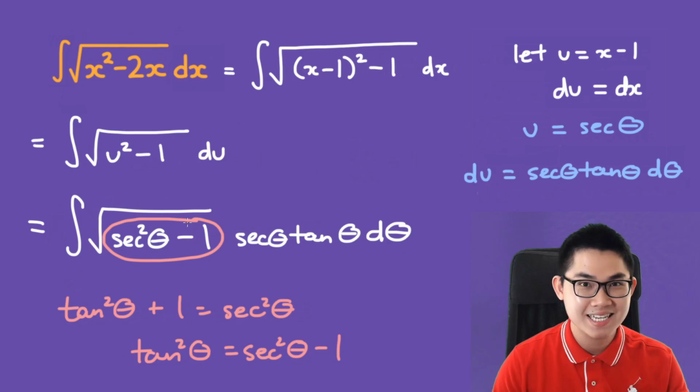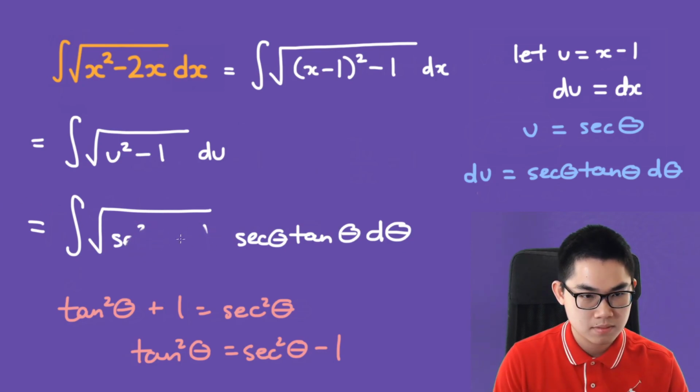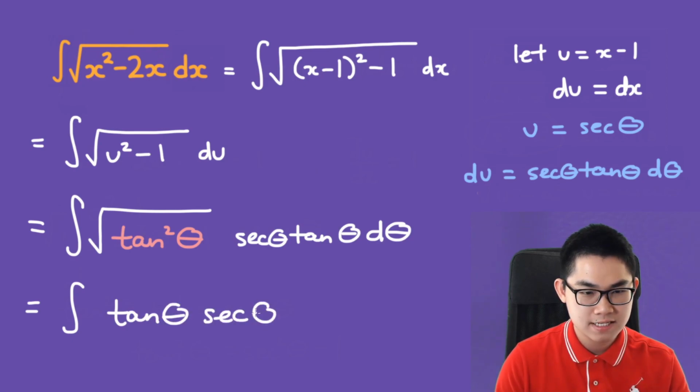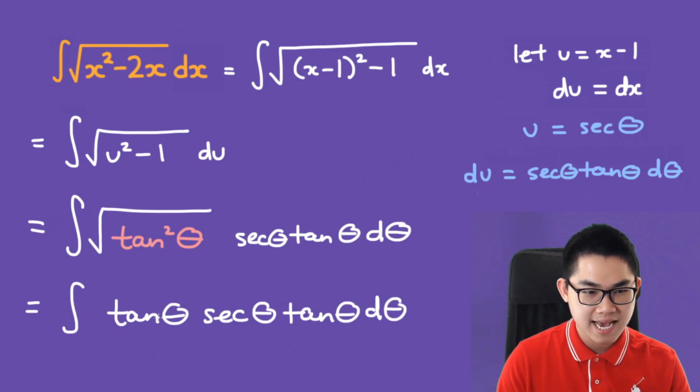So we can replace this with tan squared. This is equal to the integral, and the square root of tan squared is just tan, times secant times tan d theta. So tan times tan gives you tan squared again.